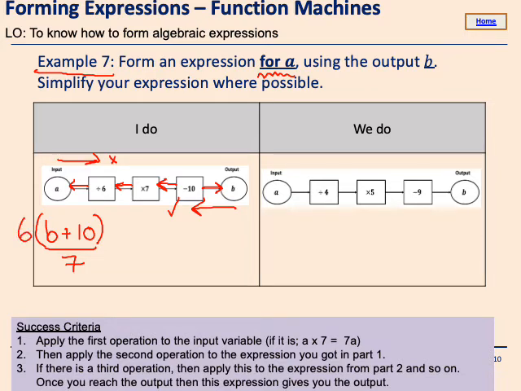So now we've got to be able to simplify. So on the top we can expand. So we can do 6 times by b, gives me 6 lots of b. Then we're going to do positive 6 times by positive 10. So it's going to give me positive 60 all over 7.